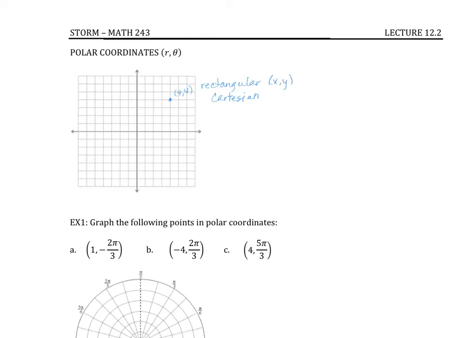When you think about it, you're going to go a positive 4 in the x direction, and that would be a horizontal movement, and then a vertical movement in the y direction, 4 units.